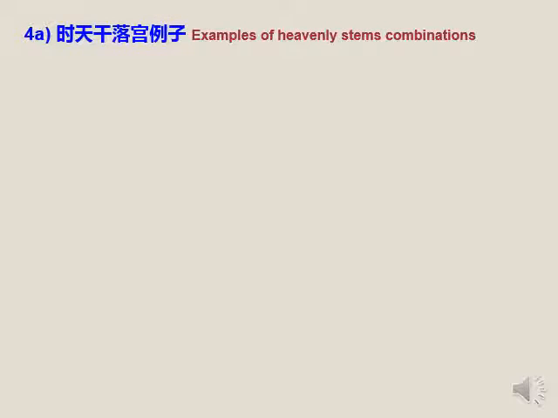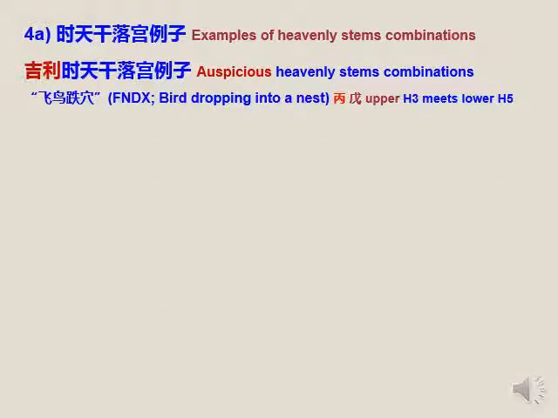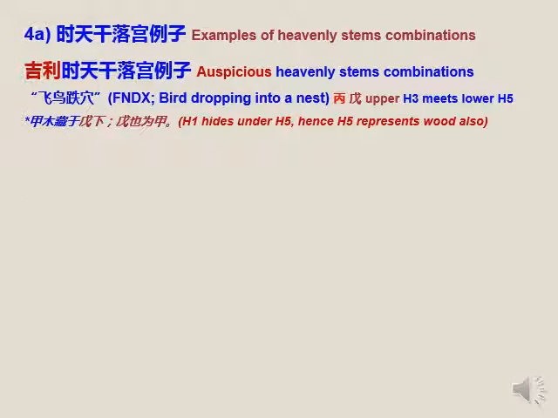What do you mean? This is very interesting. This is an auspicious combination. It means literally a bird dropping into a nest. H3 is fire element at the upper stem, and the lower stem is H5. But in 奇门遁甲, not forgetting that 甲木 is hidden under H5, so it represents wood also.